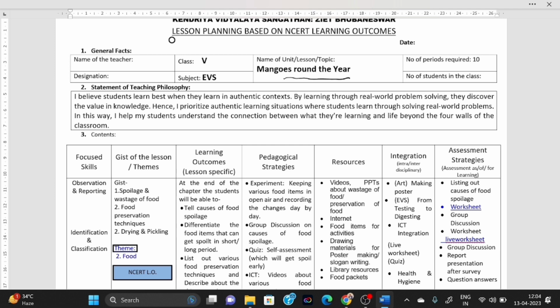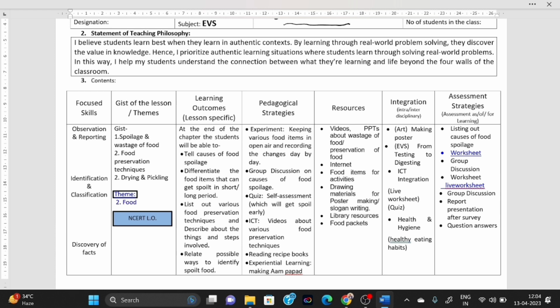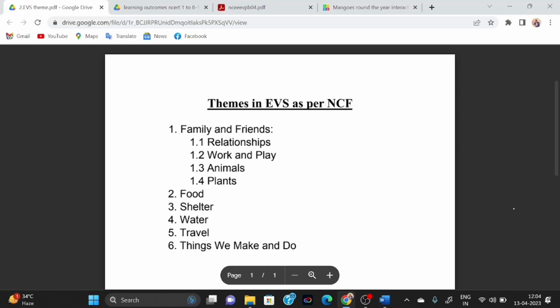walls of the classroom. As we all know, environmental studies in primary class is based on 6 themes. The themes are family and friends, food, shelter, water, travel, and things we make and do. In family and friends, there are sub classifications, that is relationship, work and play, animals and plants.